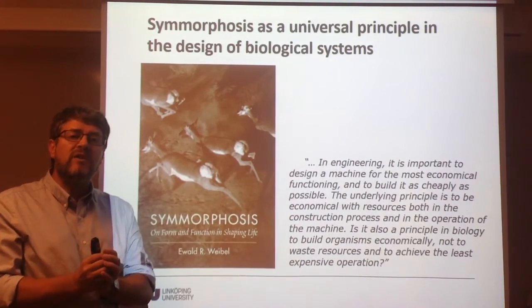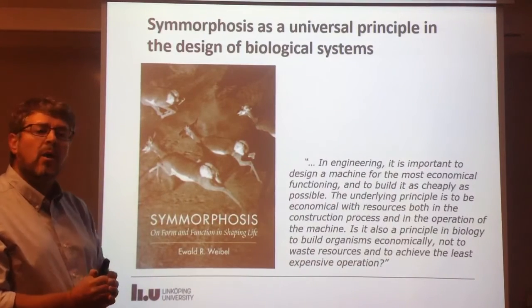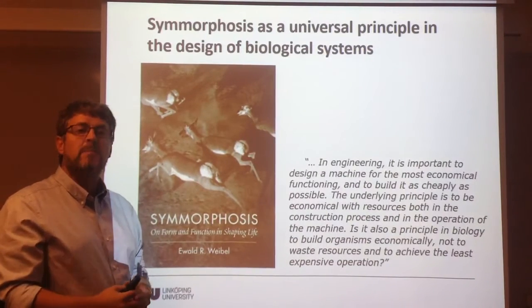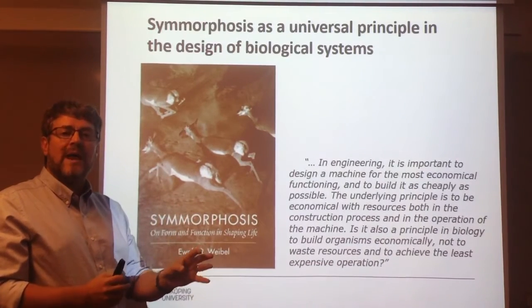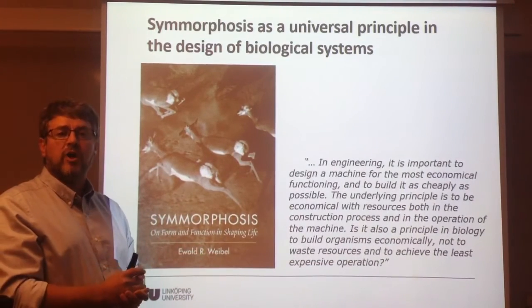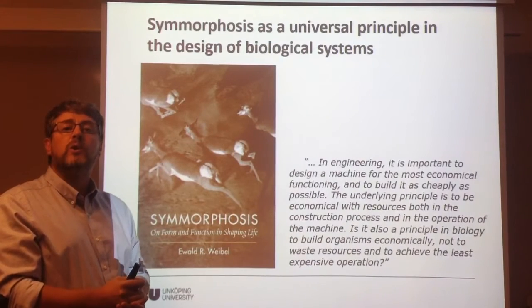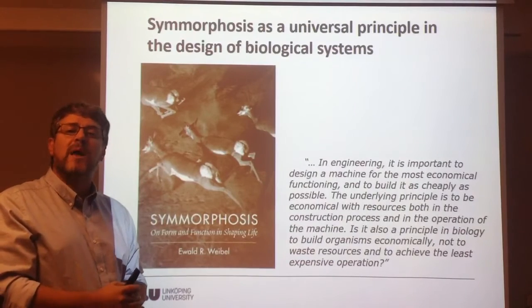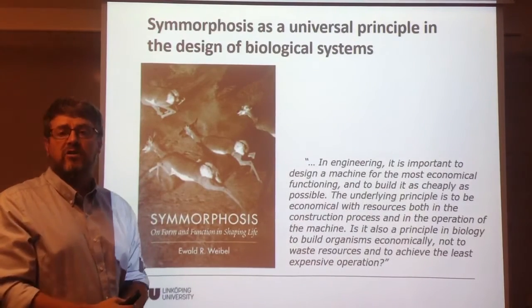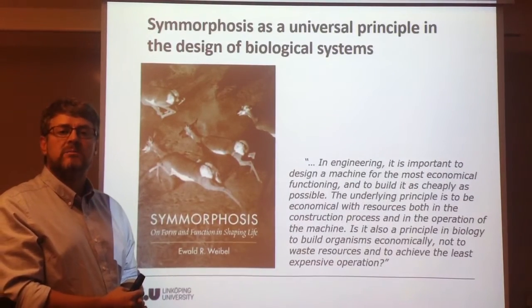Essentially, their point is that the same way that an engineer will build a system, a machine, with the proper structural elements for the function that is desired, and will try to do that in the most economic and efficient way, the proposal is that biology, natural selection in this case, will do the same.